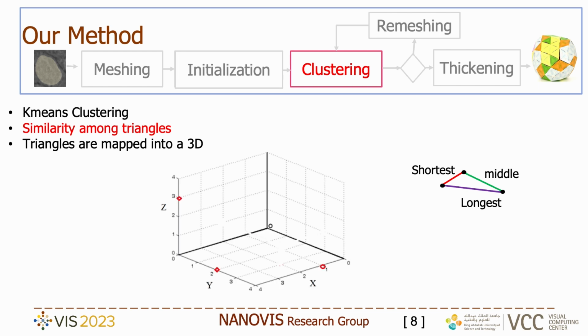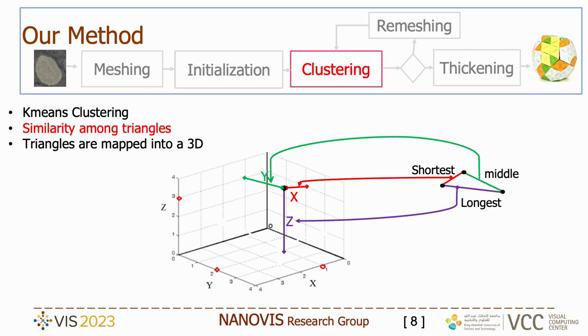For this purpose, each triangle is mapped into a single point in a 3D space. Suppose we have this triangle. The shortest edge is mapped as a distance from the x-axis, the middle one is a distance from the y-axis, and the longest edge is a distance from the z-axis for generating the corresponding point in the 3D space.